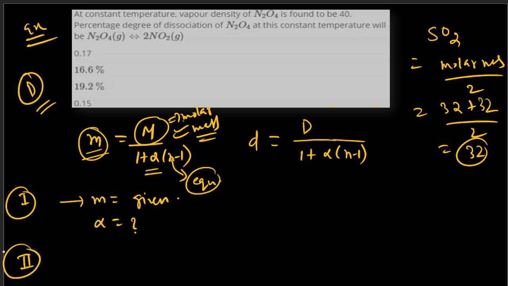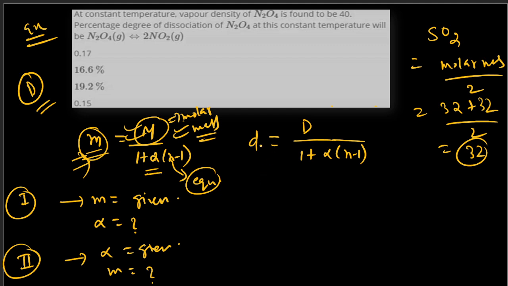The second type: alpha will be given, and m has to be calculated. We know M, alpha is given, and we can calculate the small m from there.